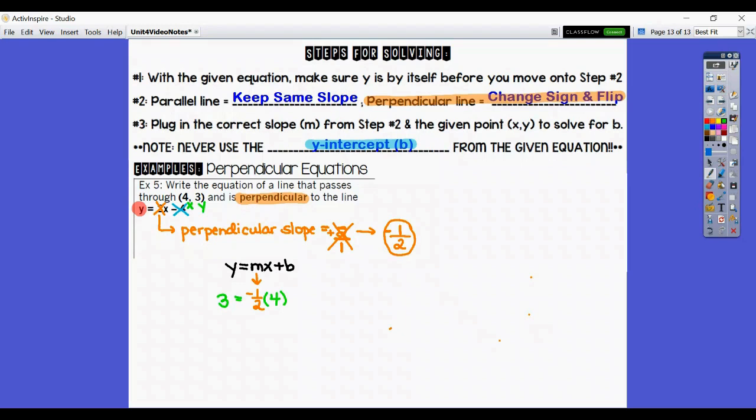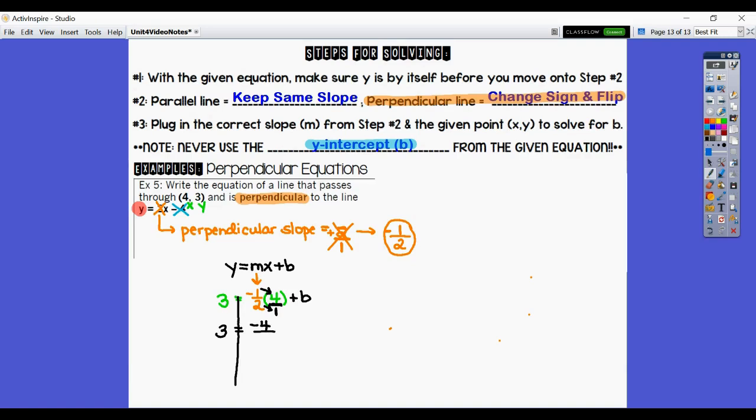B is what we need to solve for, so we go ahead and put plus b to solve. We go ahead and multiply a fraction and a whole number by putting the whole number over 1. The 2 numbers up top get multiplied and the 2 numbers on the bottom get multiplied. I'll put the negative with the 1, so that way when I multiply that -1 with 4, I get a -4.